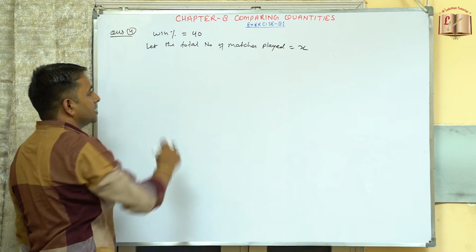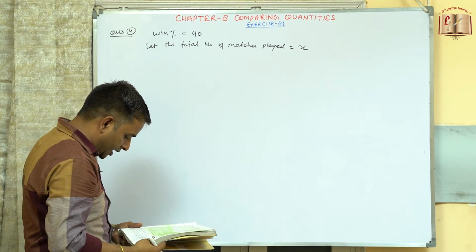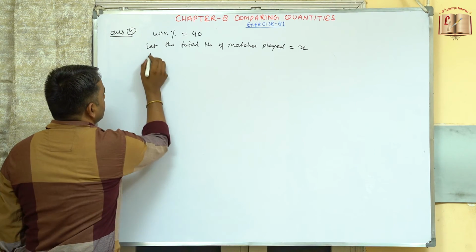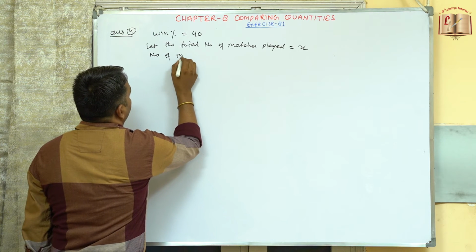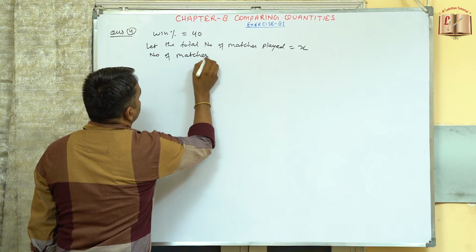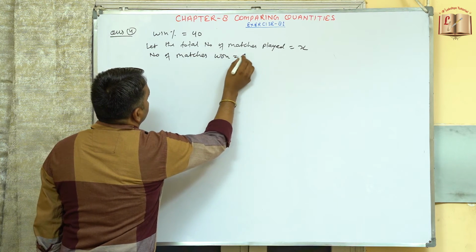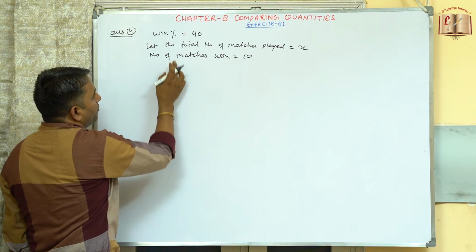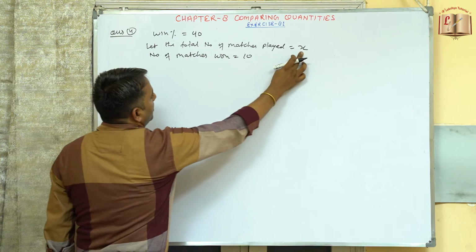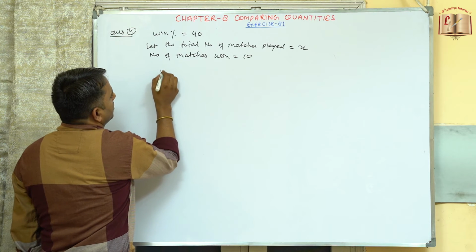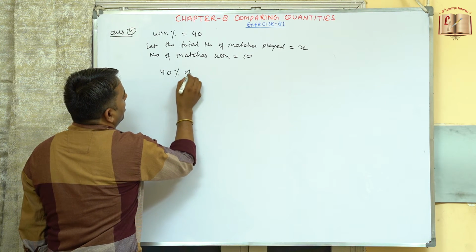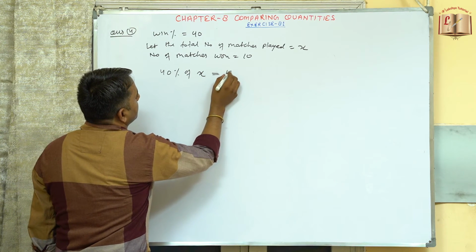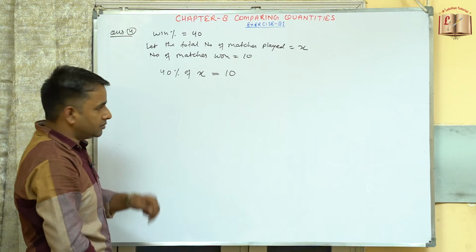The winning percentage is given as 40% and they won 10 matches. So the number of matches won is equal to 10. Now 40% of the total matches is equal to 10. So 40% of X is equal to 10.